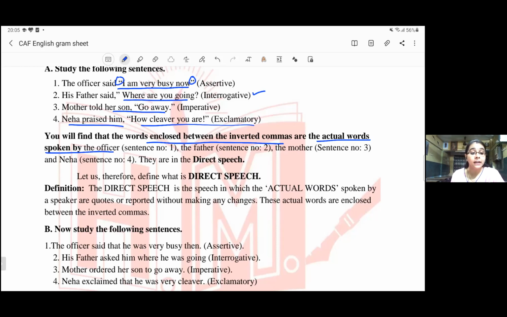In the second sentence by the father, in the third sentence by the mother, and in the fourth sentence by Neha. Right? They are direct speech. Sometimes you all trouble a lot, and Mummy says, go away from here, don't disturb. That is direct speech. Right?